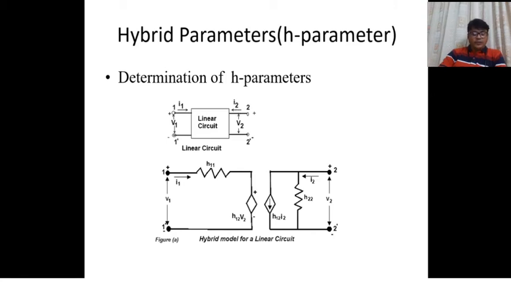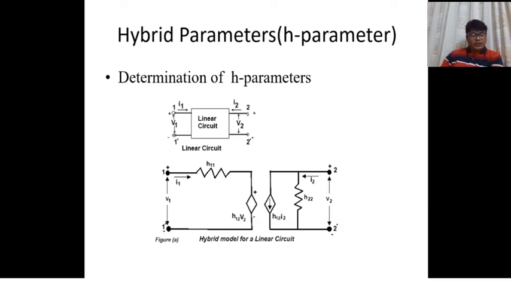Note that both the input and output currents are assumed to flow into the box. Also, input and output voltages are assumed to be positive at the upper terminals relative to the lower terminals. Suppose in a circuit the voltages are of opposite polarity or the current flows out of the box, simply treat these voltages and currents as negative quantities.